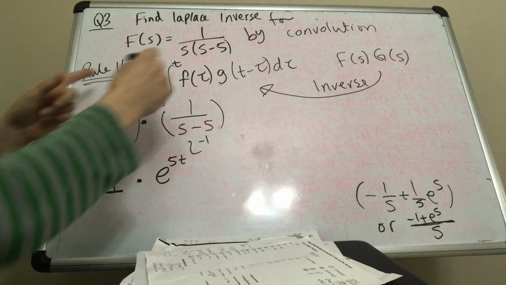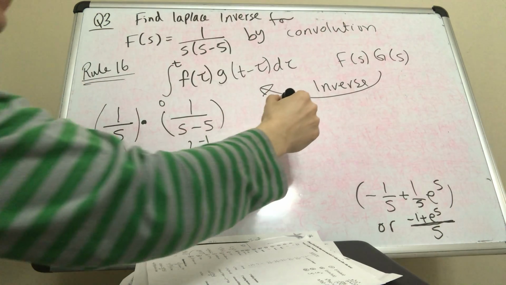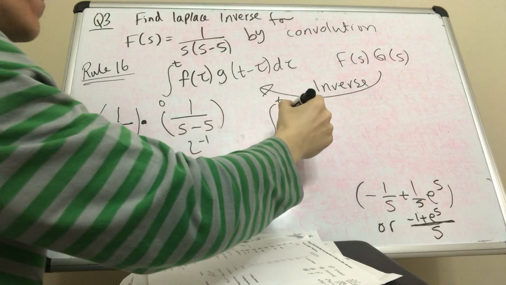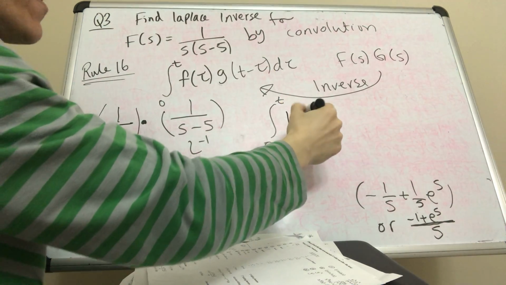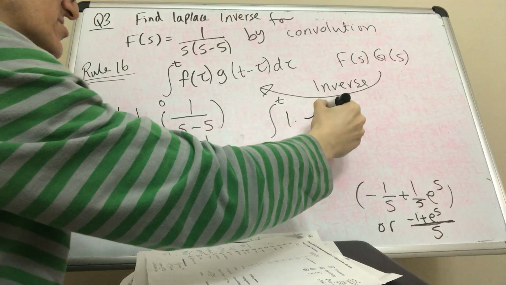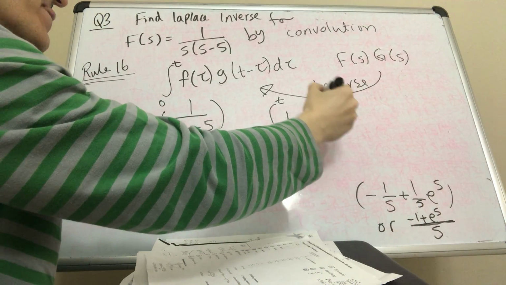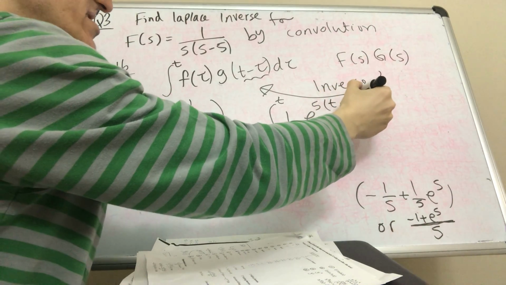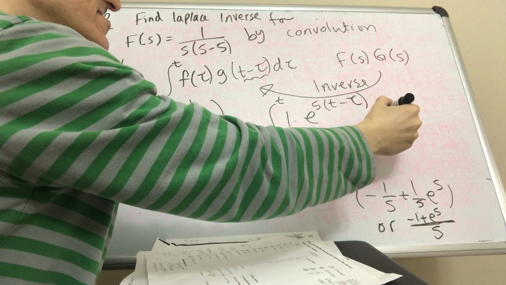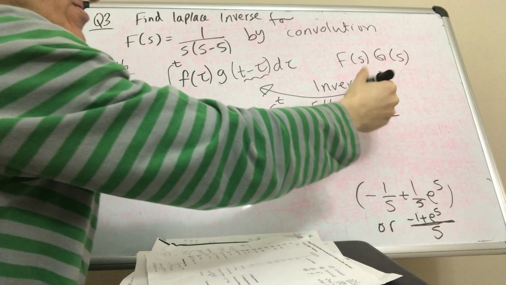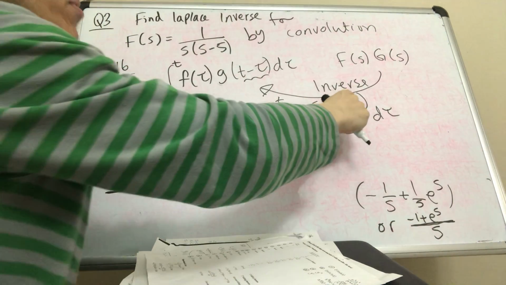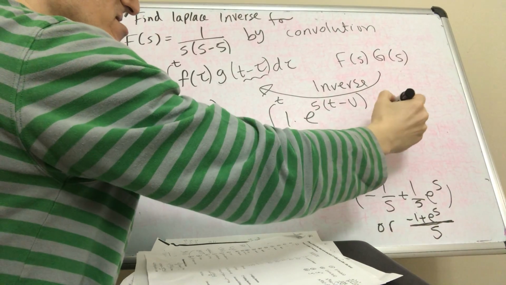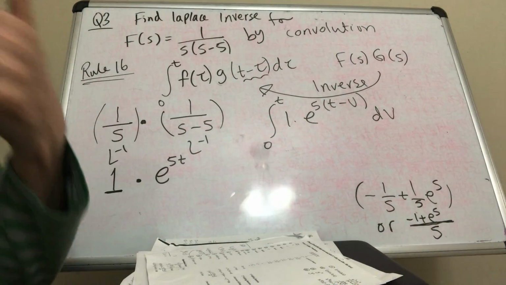Now I've got to make it an integral. The first one is just 1, so just write it. The second one is e to the 5t, but instead of t, I put this, so it becomes t minus this. It doesn't matter what you call this symbol. You can call it v, call it anything. I think he calls it v.